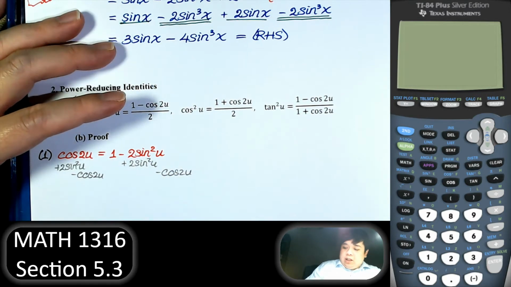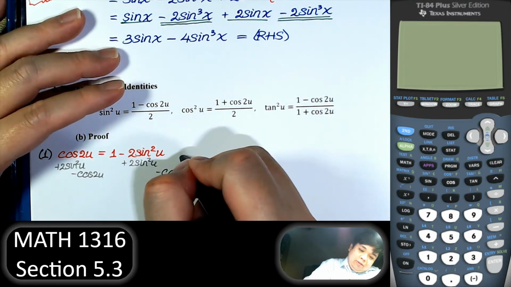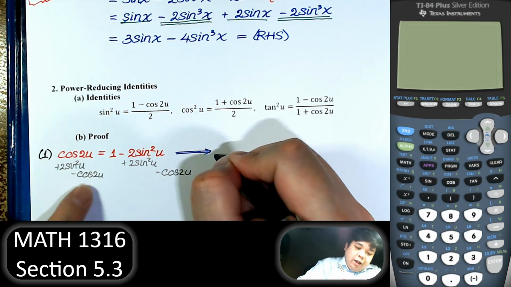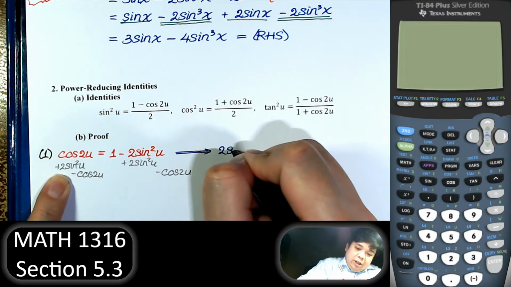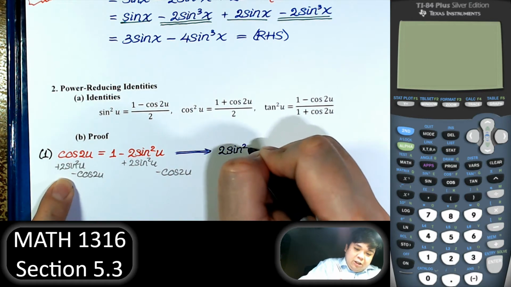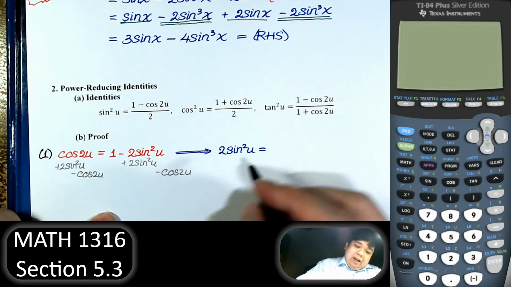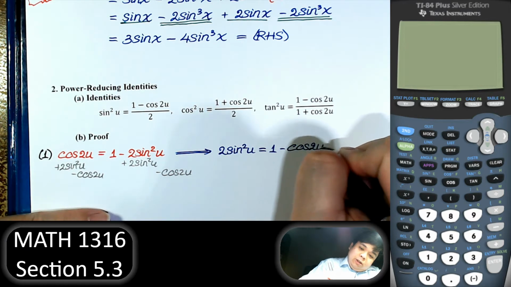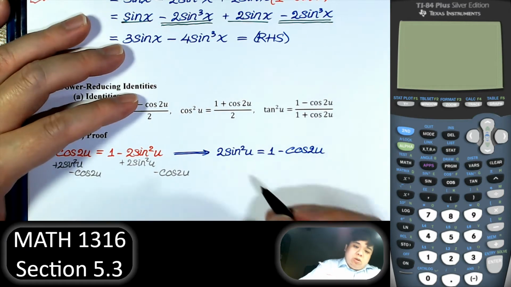When we do that, we will have the 2 sine square on this side, and then we have 1 minus cosine of 2u, and then divide by 2 on both sides.